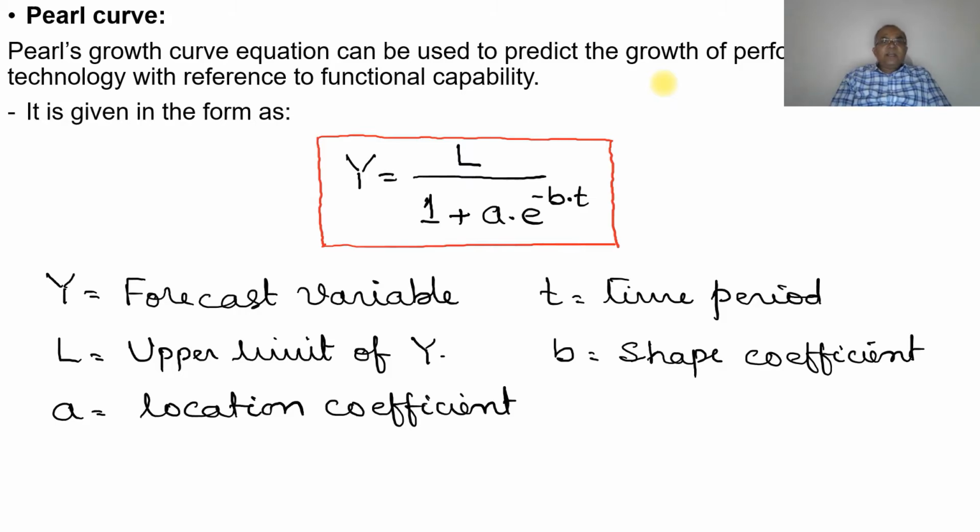Pearl's growth curve equation can be used to predict the growth of performance of technology with reference to functional capability. It is given in the form Y = L / (1 + A e^(-bT)), where Y is the forecast variable, L is the upper limit of Y, A is the location coefficient, T is the time period, and b is the shape coefficient.